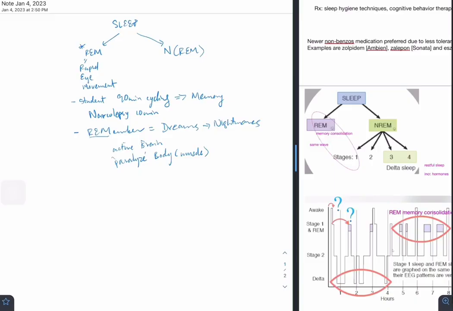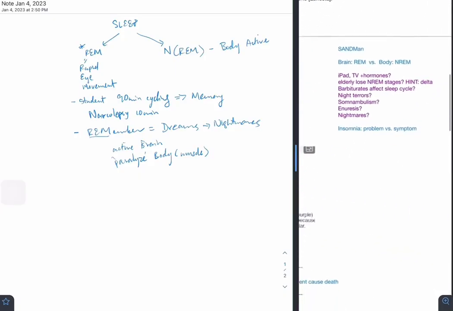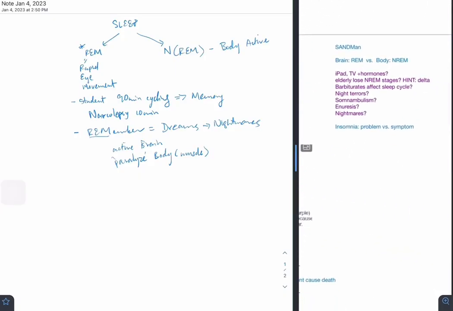Non-REM sleep, however, is the opposite. The body is active. Very active. So you have conditions, if you've heard of them, like night terrors, where people are actually sleeping with their arms swinging back and forth and screaming, but they are sleeping.